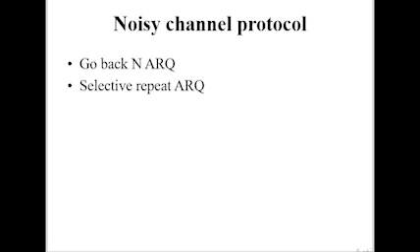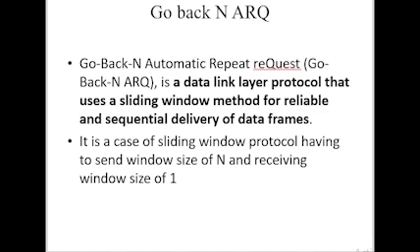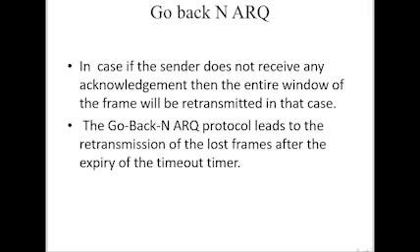Next, noisy channels. There are two types of noisy channel protocols: Go-Back-N ARQ and Selective Repeat ARQ. Go-Back-N ARQ, go back N automatic repeat request, is a data link protocol that uses a sliding window method for reliable and sequential delivery of frames. It is a class of sliding window protocol with a send window size of N and a receive window size of 1. If the sender does not receive any acknowledgement, then the entire window of frames will be retransmitted. Go-Back-N ARQ leads to retransmission of the last frames after the timeout timer expires.